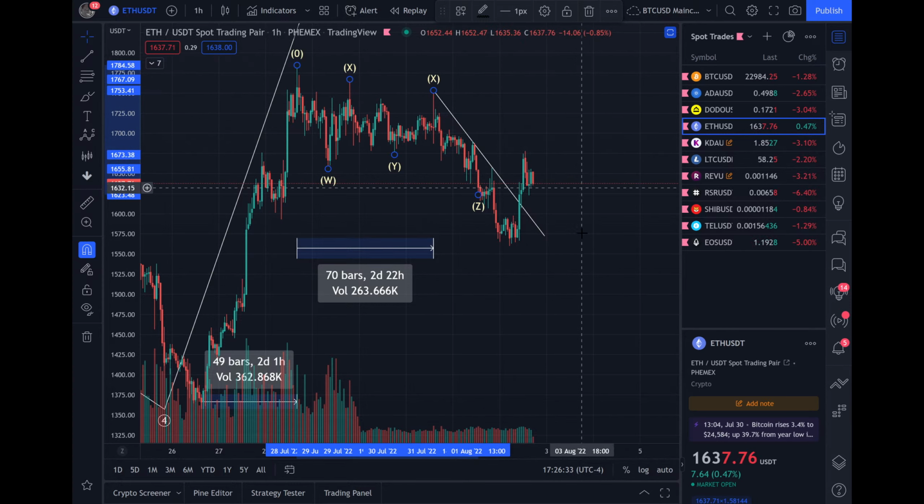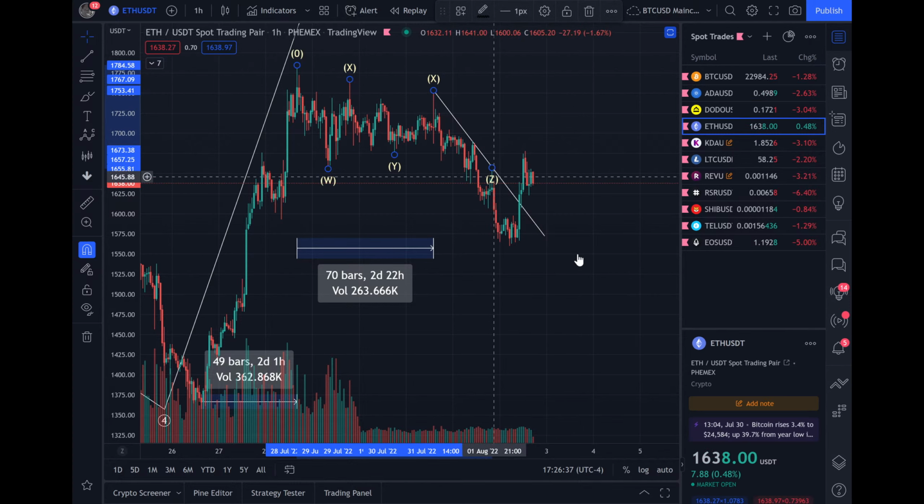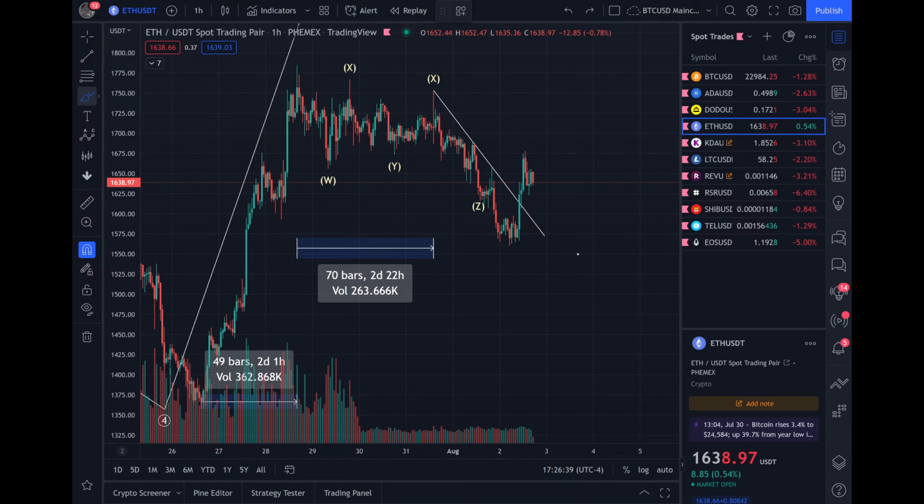And I think that your consolidation reversal in Ethereum started over here with your initial break of structure, your three-wave move right here. This is your counter B wave. This is your second degree of your AB base.